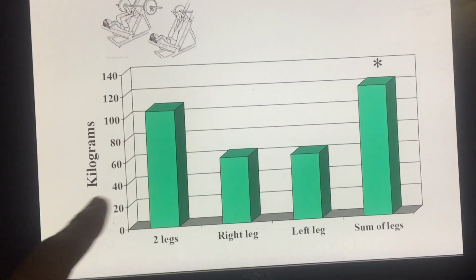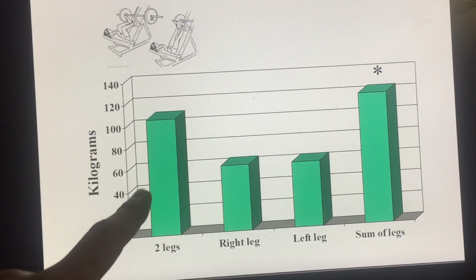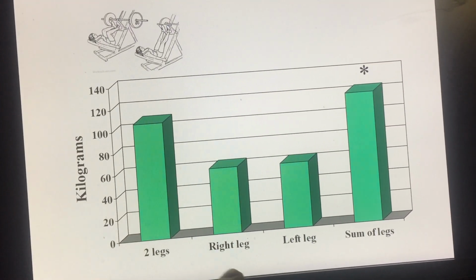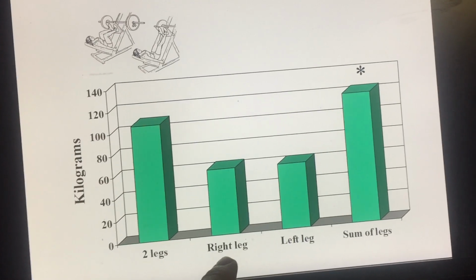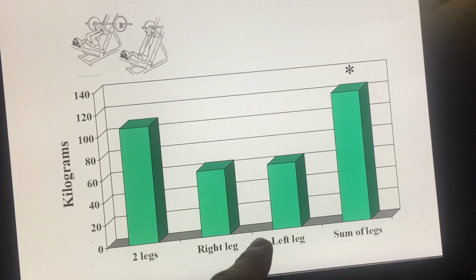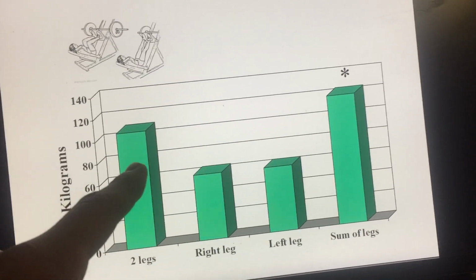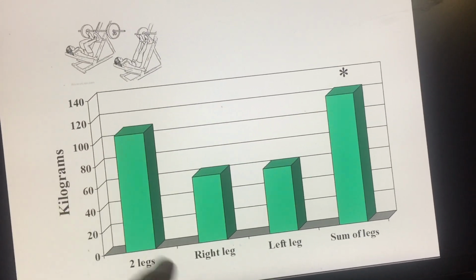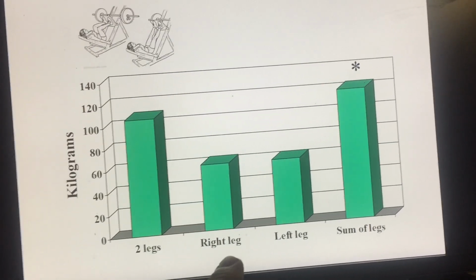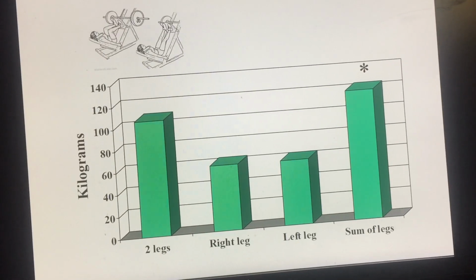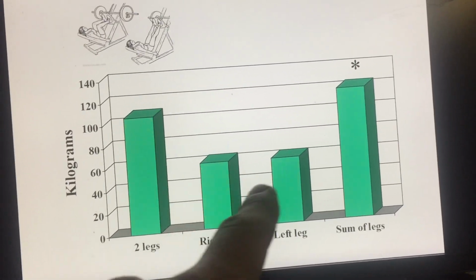First, when contracting 2 legs at once, as in the picture, so a bilateral contraction, and then contracting the right leg alone and the left leg alone. And the key here is that you notice that the bilateral strength is about 100 kilograms. So you'd expect that the right leg contracting alone and the left leg contracting alone would be about 50 kilograms each, but they're actually 60 kilograms.